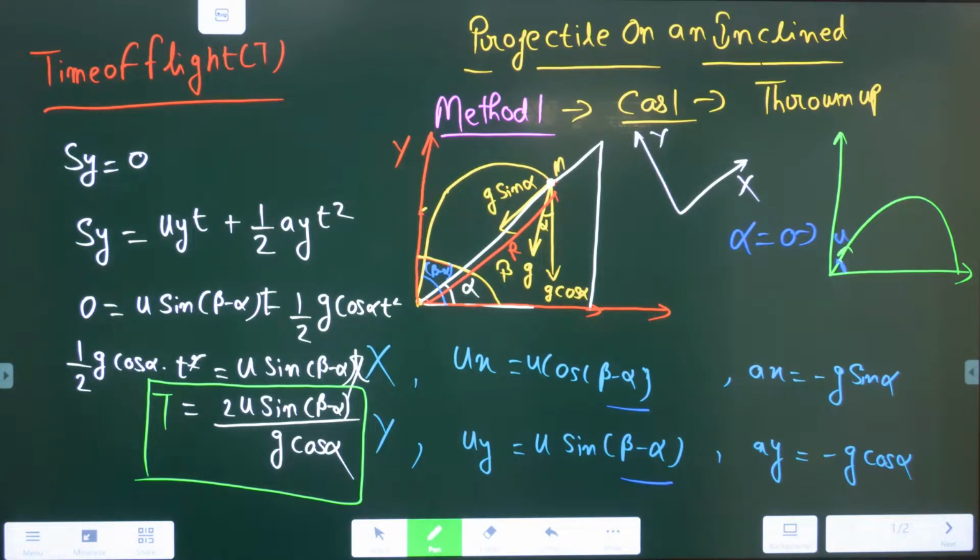U square sine 2 beta minus alpha divided by g cos alpha. No, 2 beta minus alpha, you mean that in angle? Or 2 sine alpha minus beta? What is beta minus alpha?